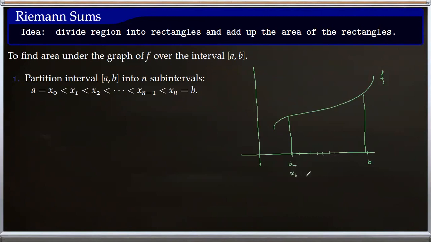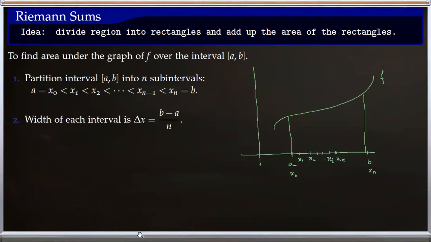We will denote A by x0 and the last value by xn. So if n is 5, then B would be x5, for example. And then this one will be x1, x2, and so on. So somewhere over here, you will have xi. The next one will be xi plus 1, and so on all the way up to xn.